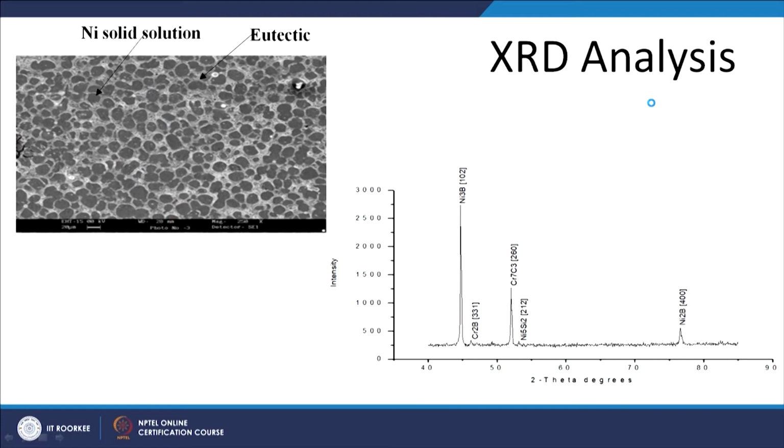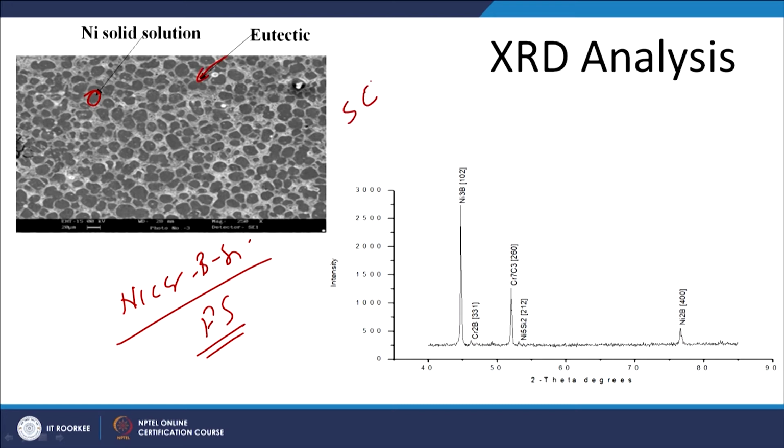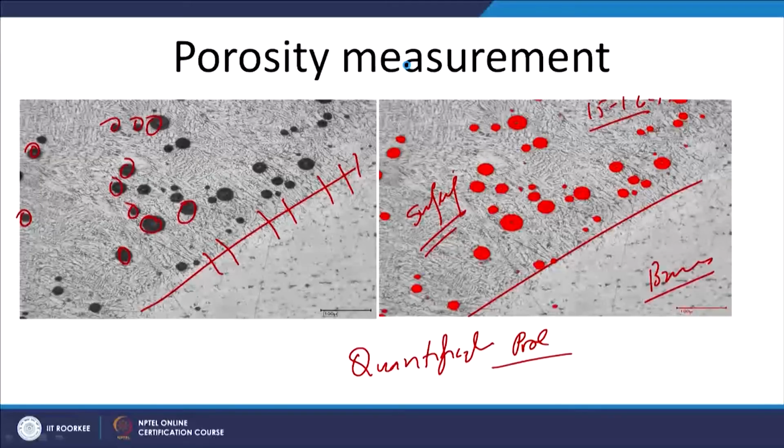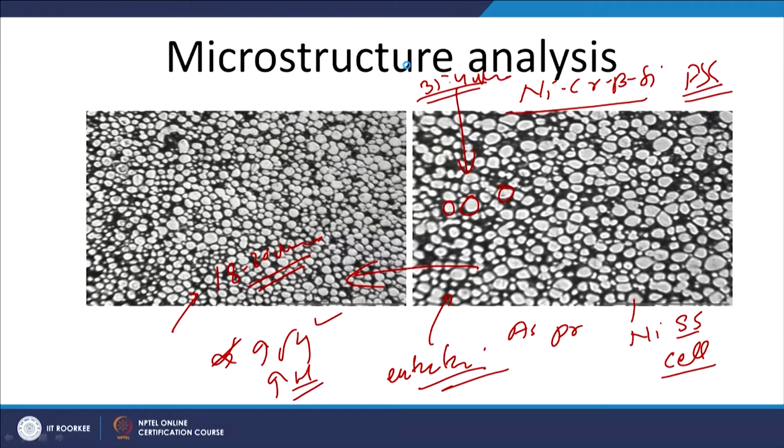As I have said, for the nickel, chromium, boron, silicon coating developed using the flame spraying process, we have nickel solid solution cells and in between we have eutectic matrix. So there is a difference. This is the SAM image, and earlier what I showed was the optical image.